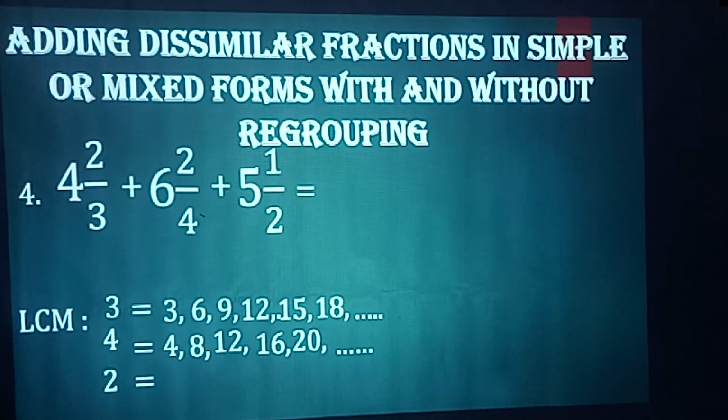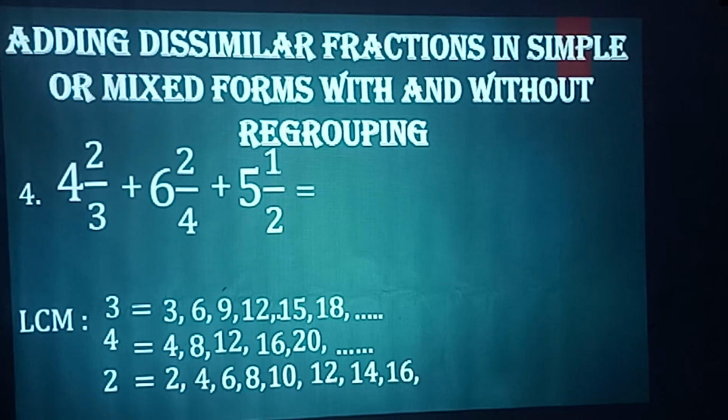And for the 2, 2, 4, 6, 8, 10, 12, 14, 16, 18, 20, and so on. Now, the least common multiple of 3, 4, and 2 is 12. And our LCD, or the least common denominator, is 12.